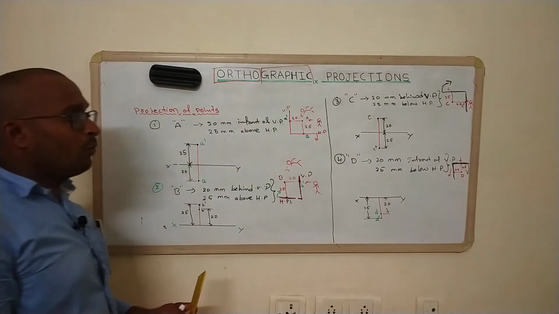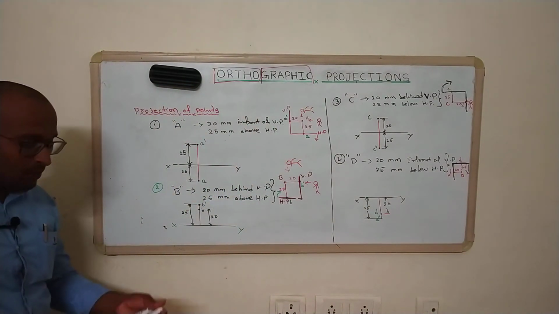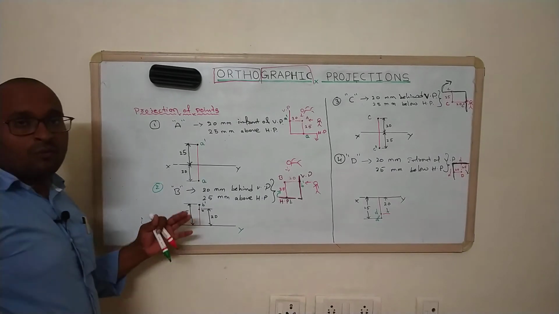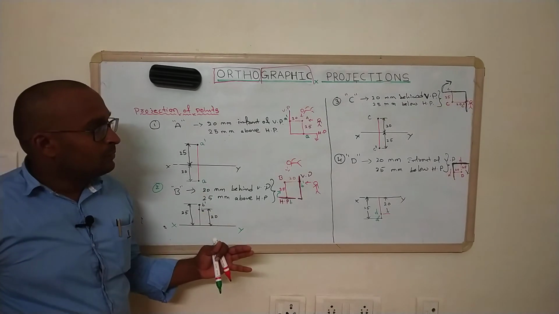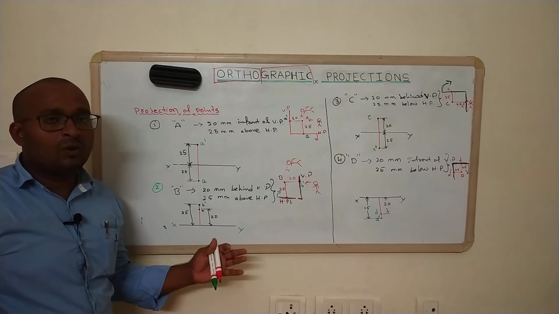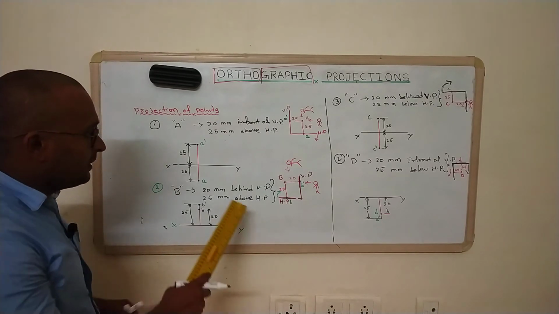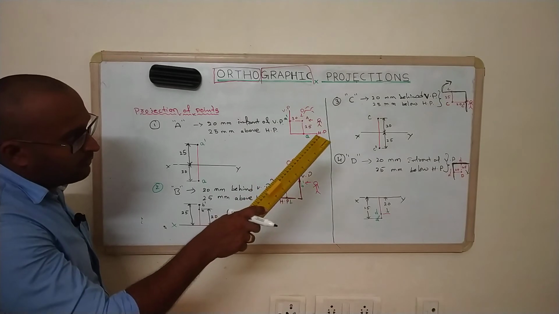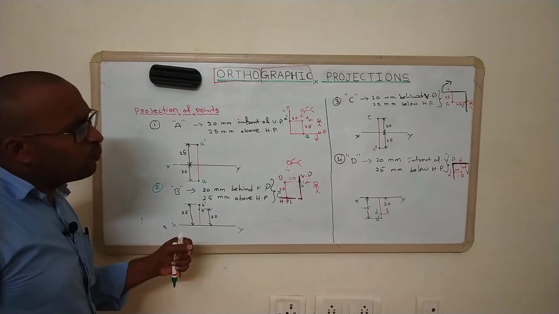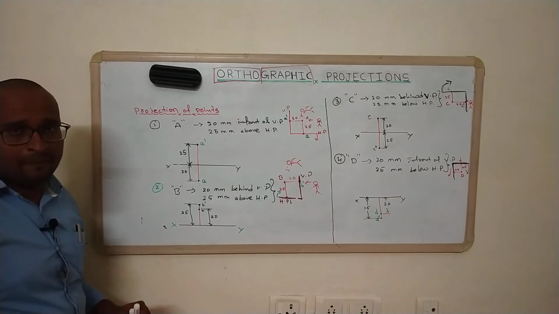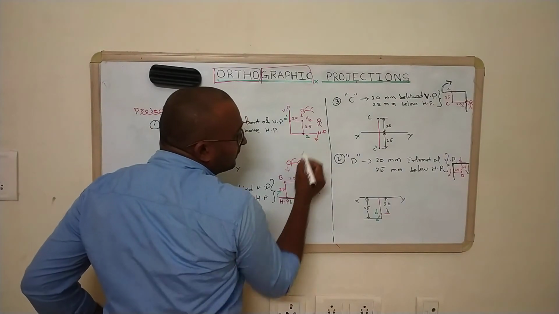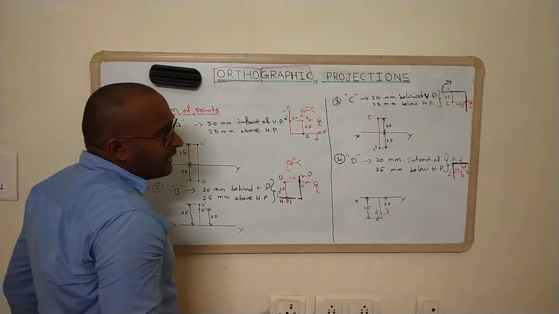So this is the way how we need to project the points onto the screen with respect to the front view and top view, with respect to the horizontal plane and the vertical plane, right? There are two more conditions available. Those are on HP: the point A is on HP and in front of VP.